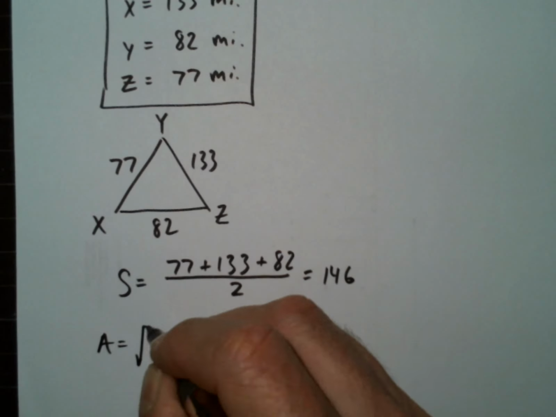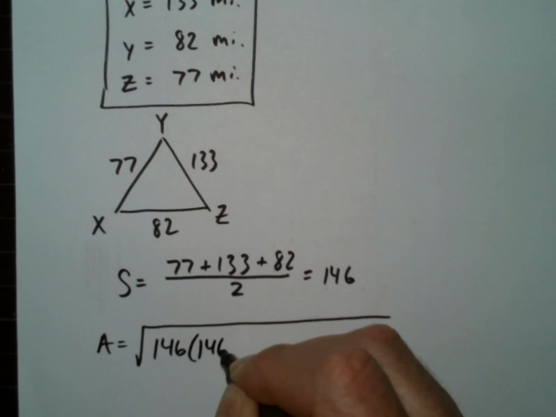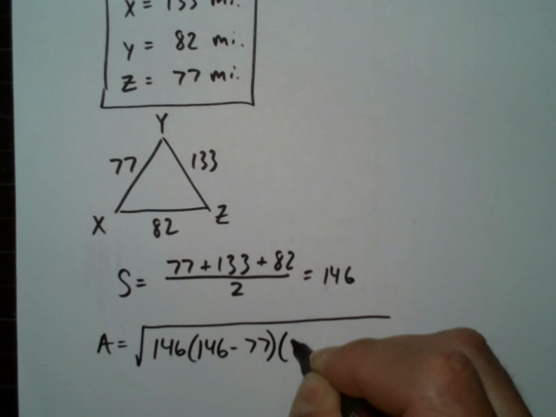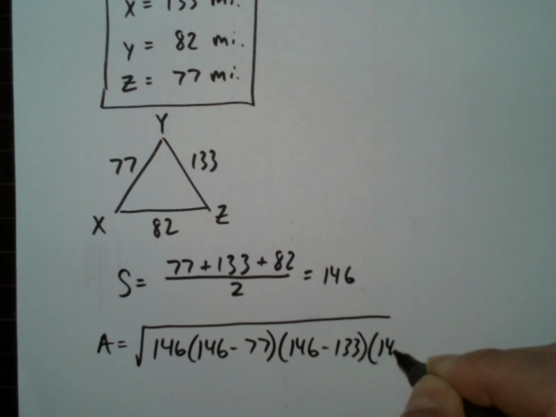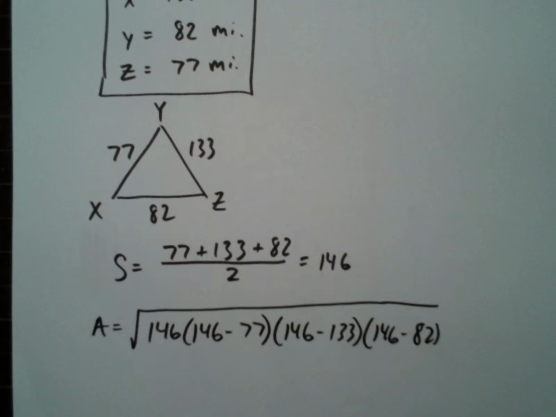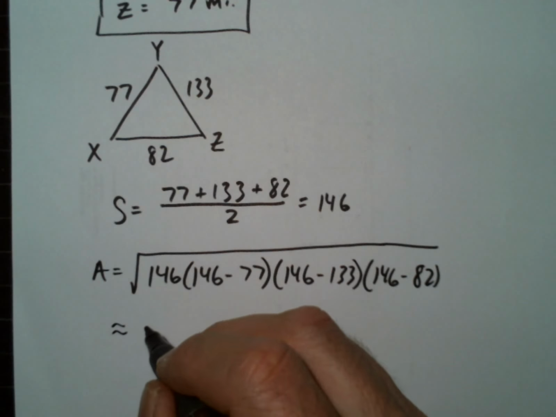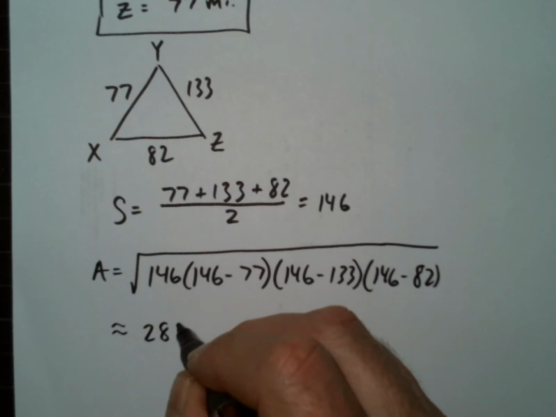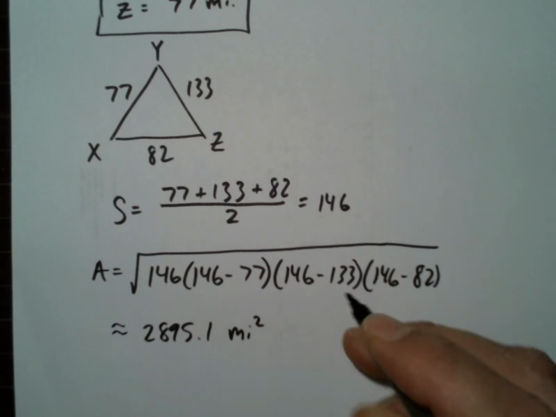The area is the square root of 146 times 146 minus 77, 146 minus 133, 146 minus 82. And in the calculator we get this, in square miles.